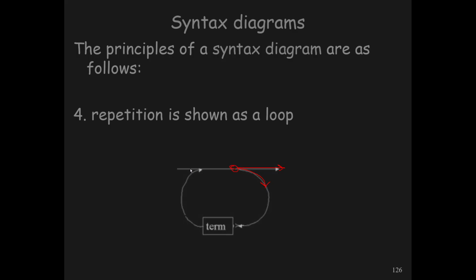Now, you can choose from wherever you were coming from, like let's say here, you can choose directly to go here, or you can choose to go here as many times as you like and then leave the loop, right?